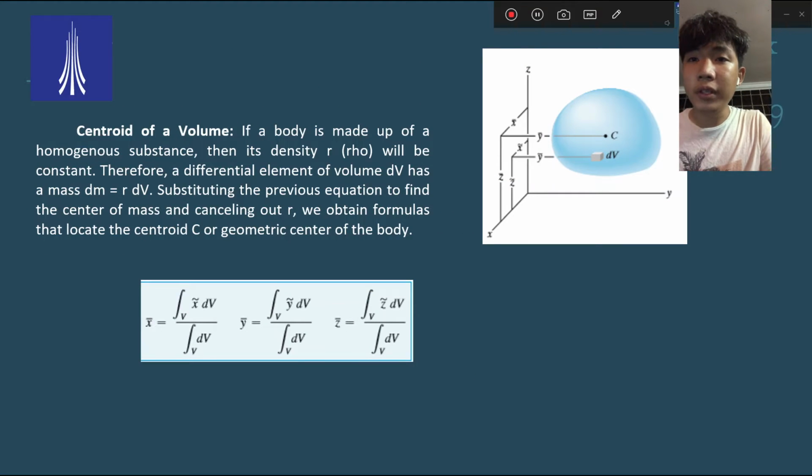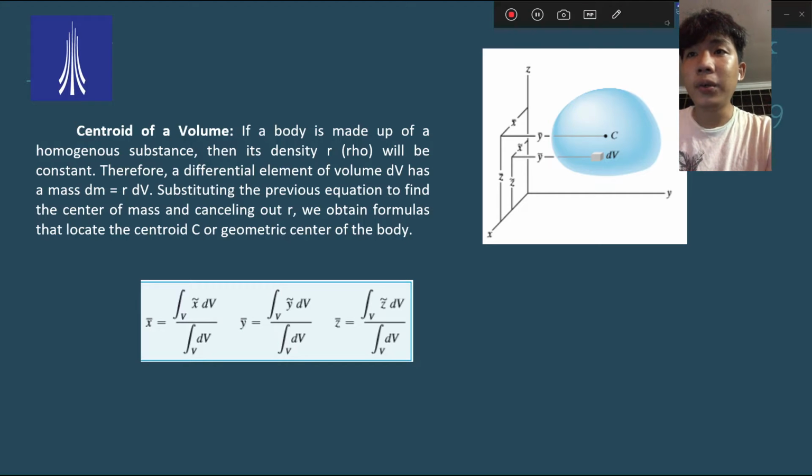Moving on is the centroid of a volume. It says that if a body is made up of a homogeneous substance, one type of substance, then its density, rho, will be constant. Therefore, a differential element of volume dV has a mass of dm equal to rho times dV.